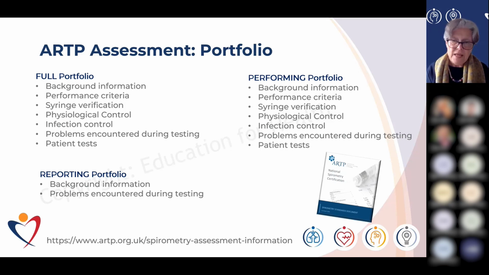And don't forget the peak flow, all 3 peak flows have to be within 40 litres of each other. And that's showing that quality of that spirometry report. And then again, with the performing portfolio and with the reporting portfolio, that's the level of information that the ARTP will be required to assess in order to put you onto the register.